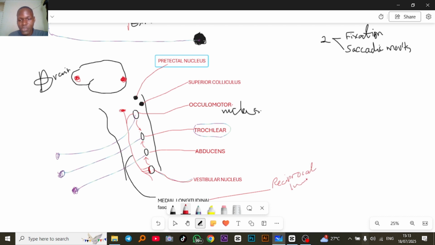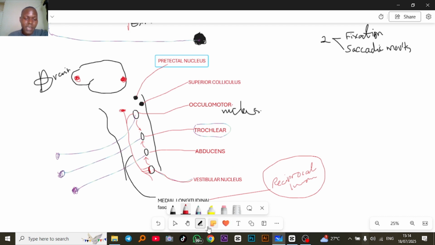So what is this reciprocal innervation you're talking about? It is when one of the muscles of the eye moves the eye medially while the other one moves it laterally. That's what we call reciprocal innervation. So that connection is important in that reciprocal innervation, ensuring that as some fibers are causing medial movement of the eye, others will cause the lateral abduction.